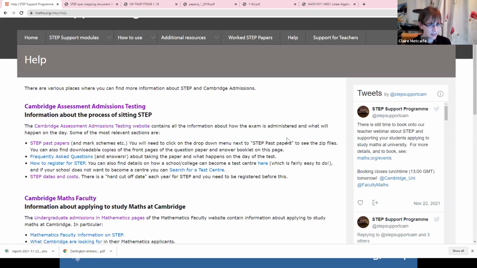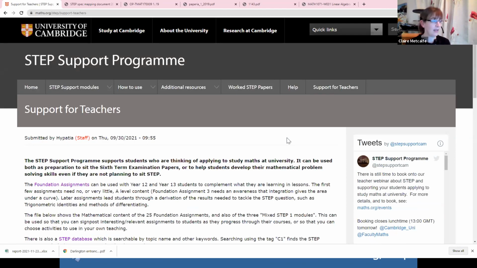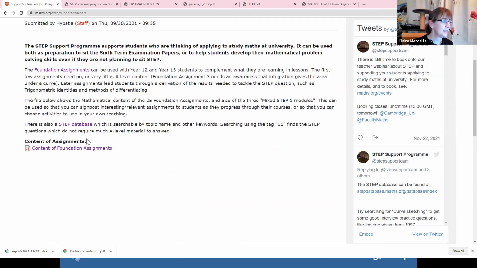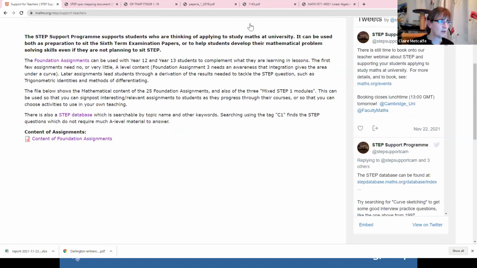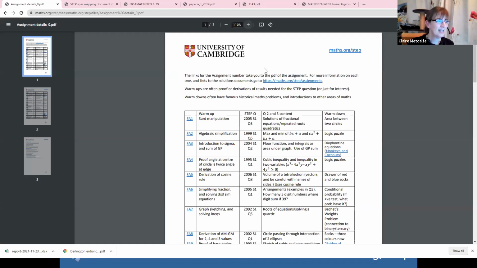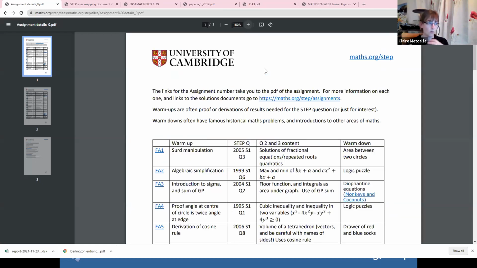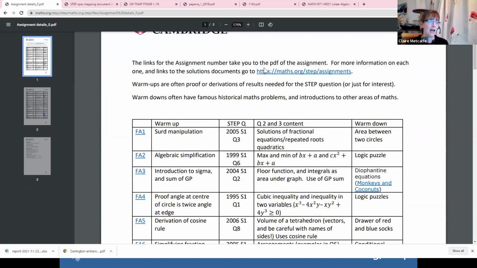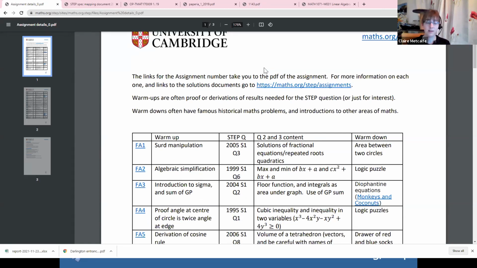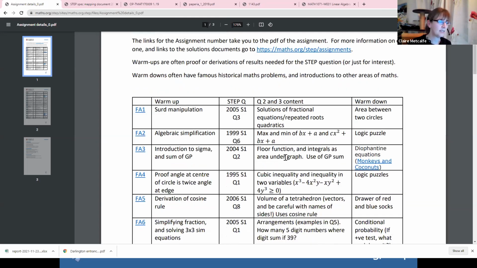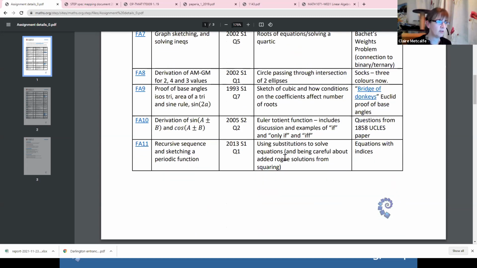We're hoping to put things like the webinar videos up here. But there is, in response to a question that I was asked, a list of all the foundation assignments and what topics they cover. So if you're looking at your A-level teaching and you are covering something in particular, you might want to see whether or not there's a foundation assignment which uses the same ideas.